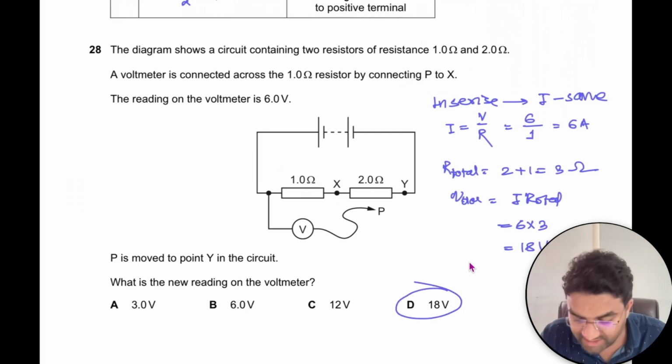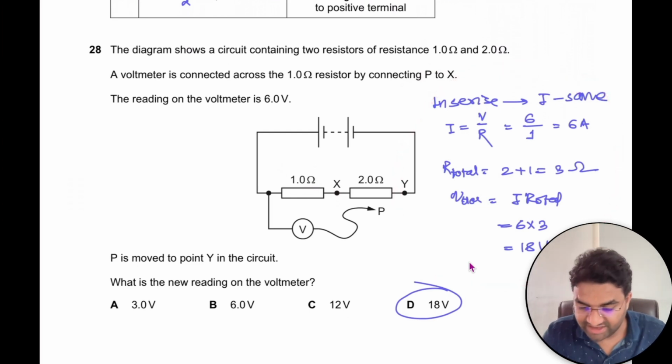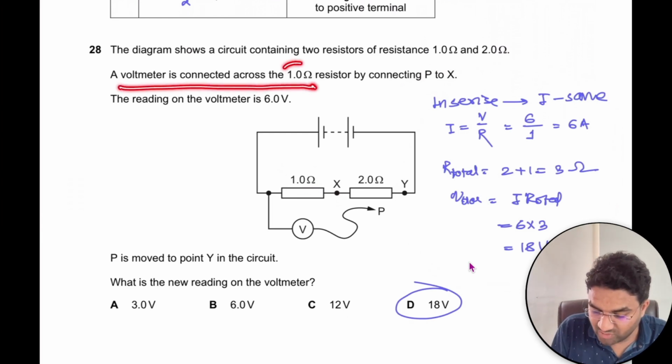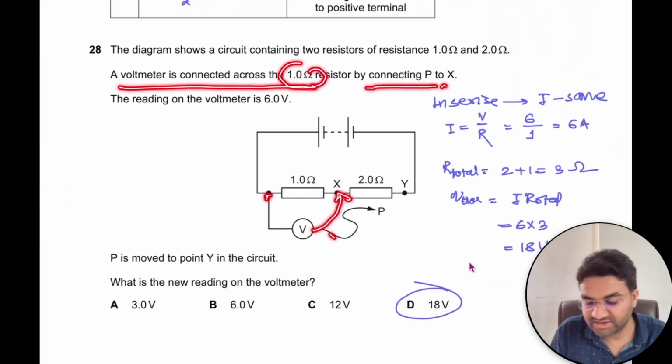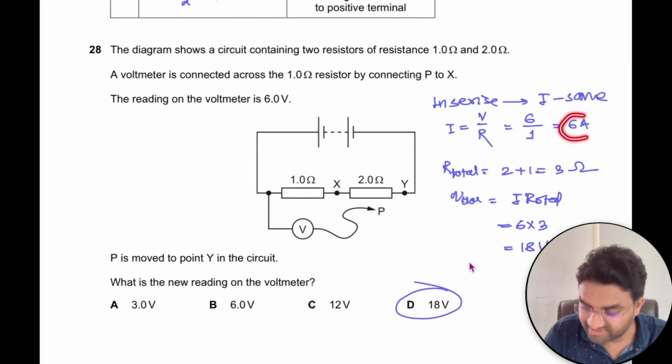Are you getting it? This is the easiest method we can use to calculate. Fine. I will explain it again because this is a little bit of an in-depth question. When the voltmeter is connected across the 1 ohm resistor connected to X, we can calculate the current across the circuit, which is 6 ampere.